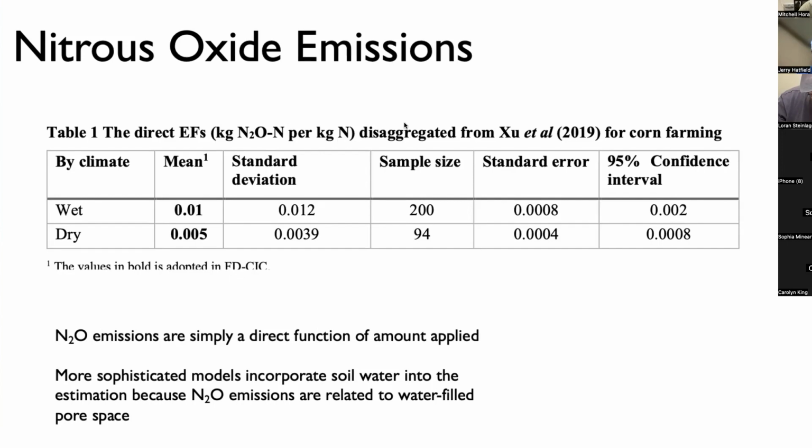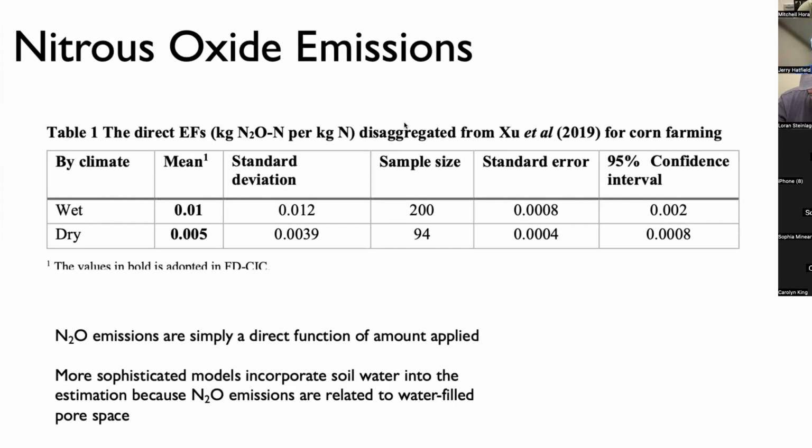The volatilization process is really that direct loss of fertilizer from the surface into the atmosphere. Whereas with nitrous oxide emissions, you have all this process going on where we've converted that ammonia to nitrate, and part of it goes into nitrous oxide that comes out.